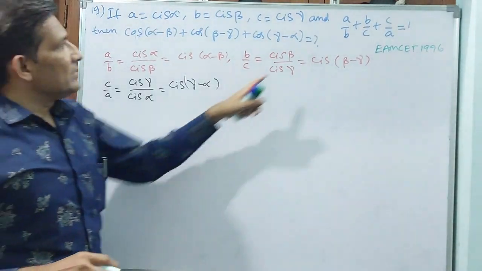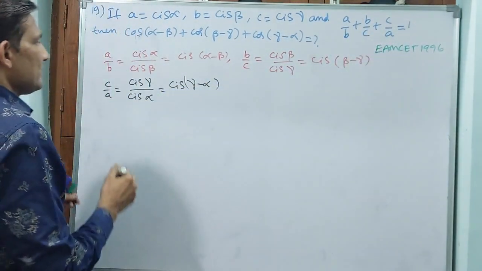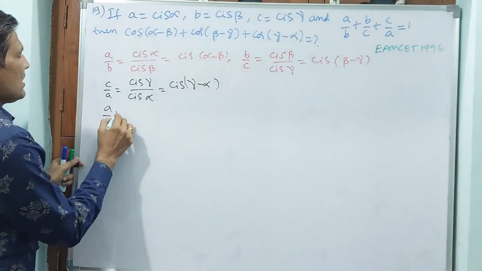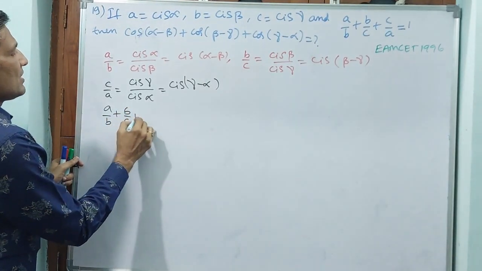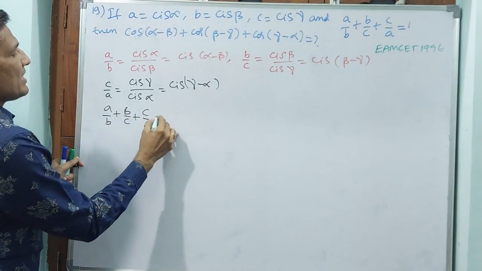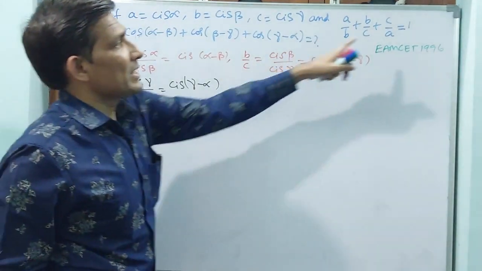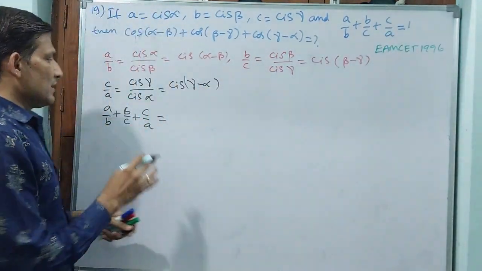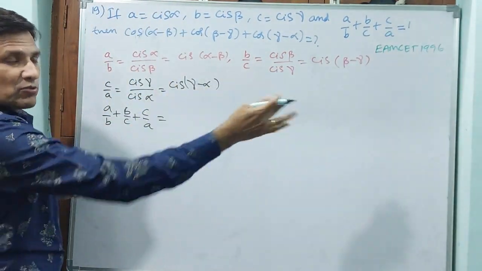Now you add all these three, because they are asking us to add. Add A by B plus B by C plus C by A. If we add, it is going to become 1, like they are giving, but we are adding afterwards, we will equate it to 1.